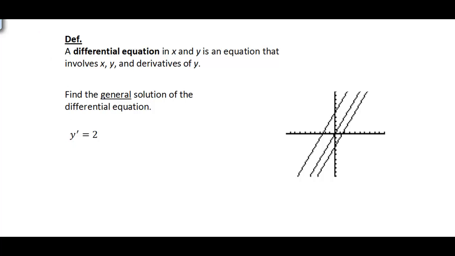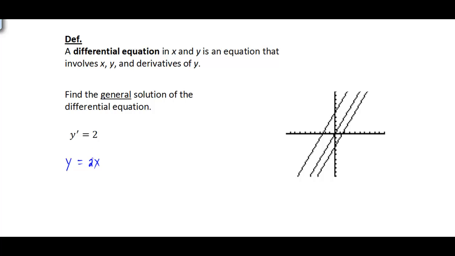So here's our differential equation, y prime equals 2, and if we're going to solve this for the general solution, that simply means we want to solve for y. Well, if we integrate y prime, that's just going to be simply y. And now if we integrate to this antiderivative, it looks like we need what? A variable x, because if we go backwards and take the derivative of y, that would be y prime.